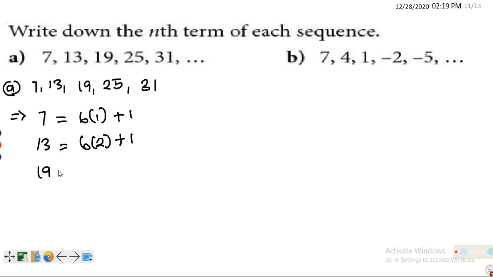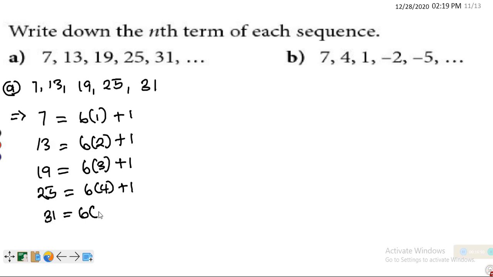Then the third number will be 6 times 3 plus 1, and the fourth one will be 6 times 4 plus 1, and for 31, that's 6 times 5 plus 1. So of course up to the nth term. For the nth term, un will be 6 times n plus 1.